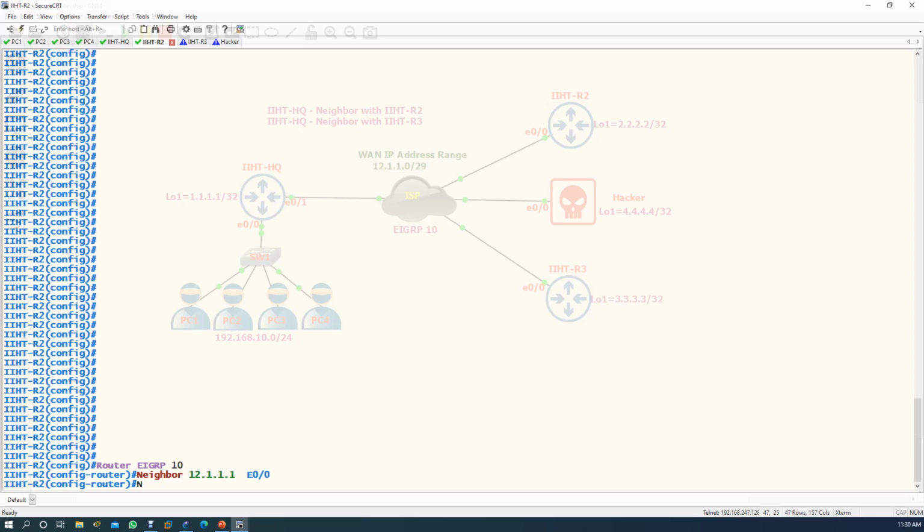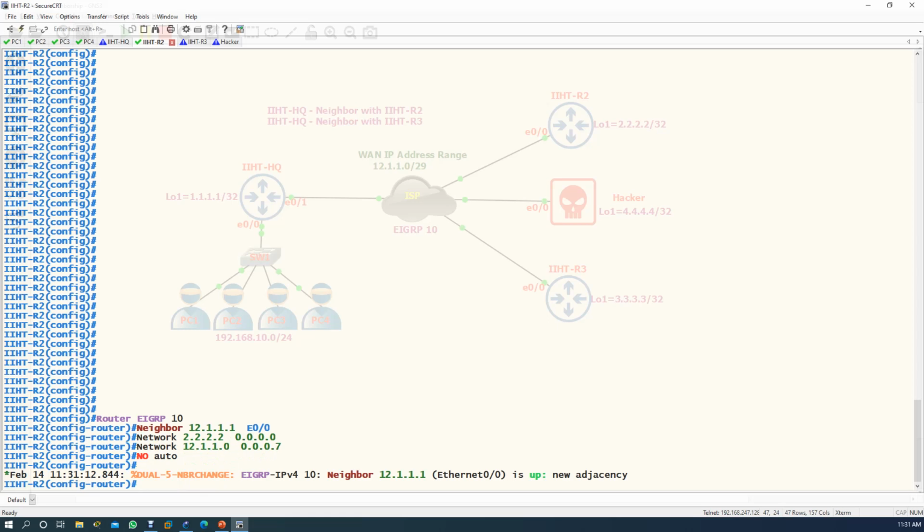Then network, what network do I have? I have 2.2.2.0, network 12.1.1.0, no auto. Neighborship came up, no problem.